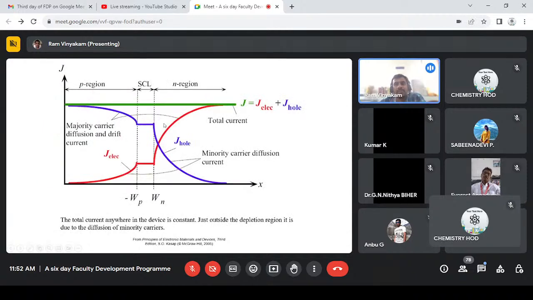We always understand that the conductivity will be constant throughout the length of the semiconductor. Only at the junction will the concentration of holes or electrons vary. Once you move far away from the junction, the concentration will remain as before.